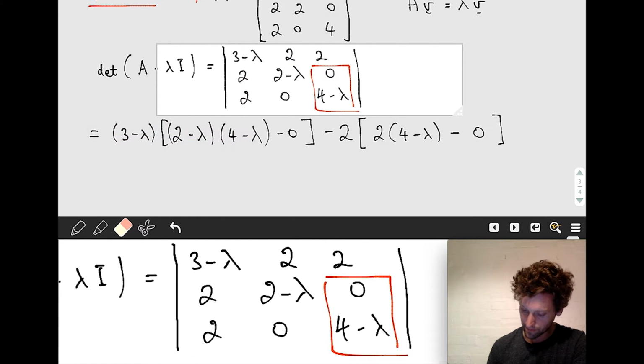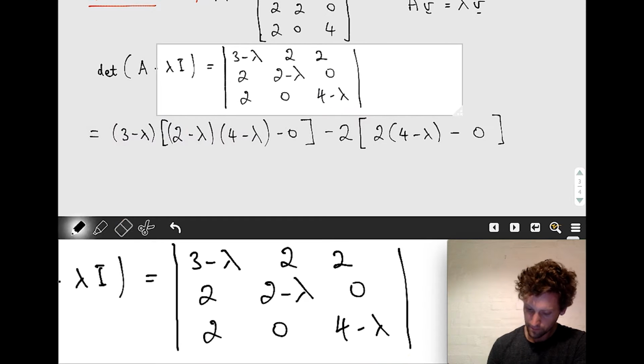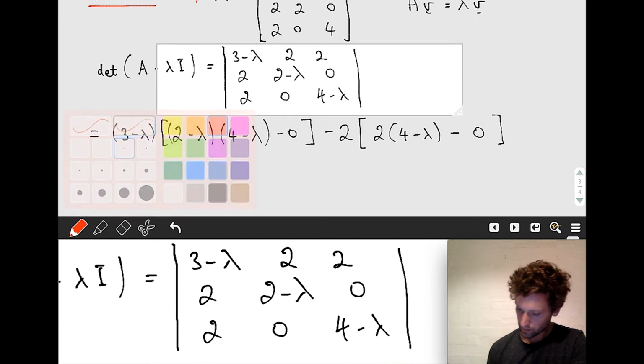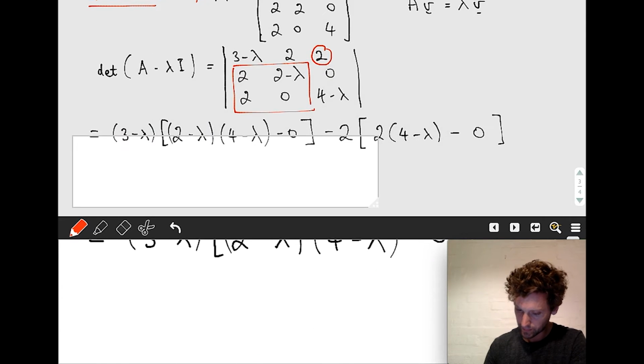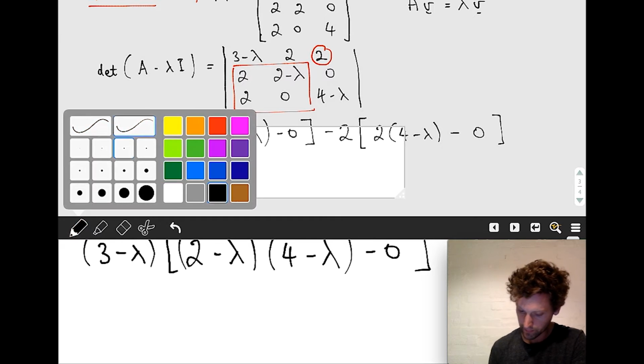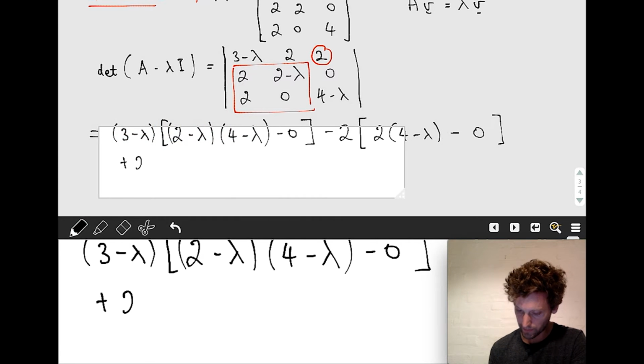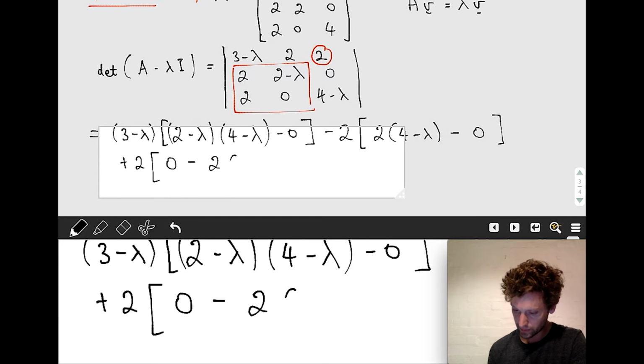And the last term will be 2 times the determinant of this 2 by 2. So we've got plus 2 times 2 times 0 minus 2 times 2 minus lambda.